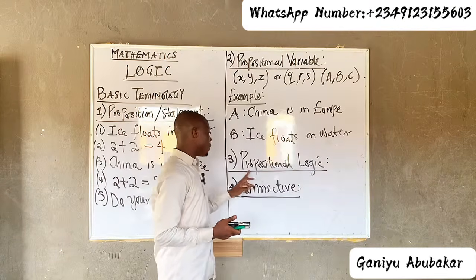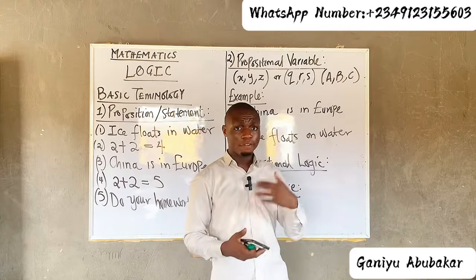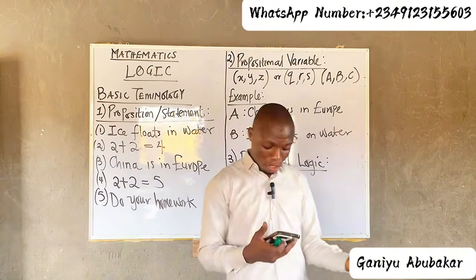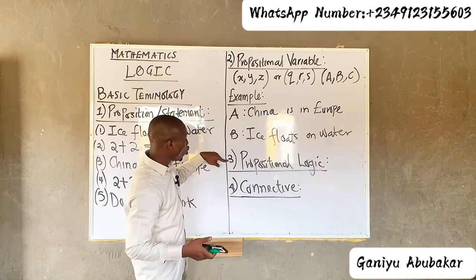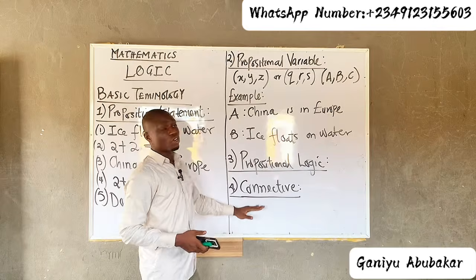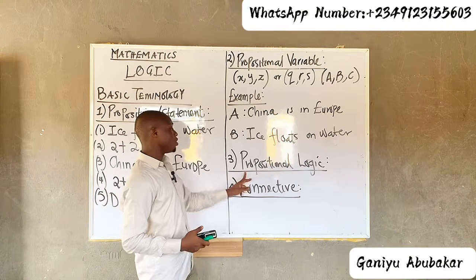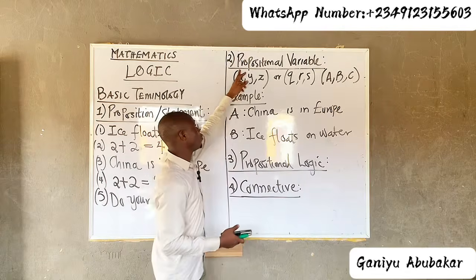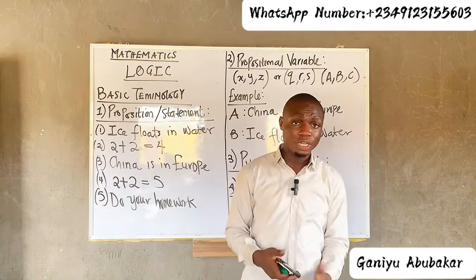By the way, propositional logic has to do with a true value being true and a false value being false, right? So the ability of connecting this third terminology and the second terminology together is said to be connective. A connective is the process of connecting propositional logic with the propositional variable, right? That's your definition for this one.